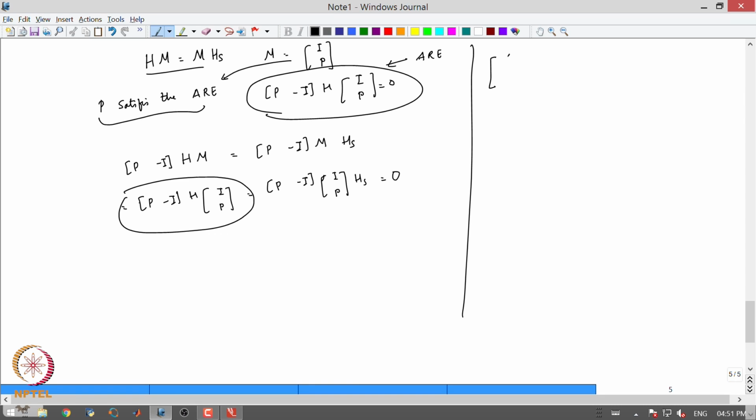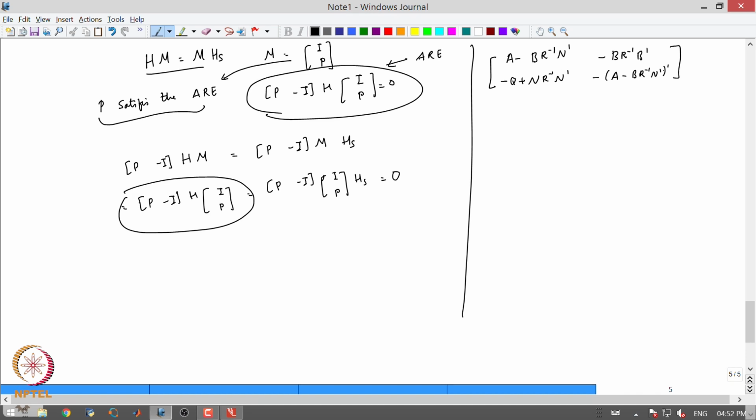This is A minus B R inverse N transpose, minus B R inverse B transpose, minus Q plus N R inverse N prime, minus A minus B R inverse N prime. So this is how H looks like.